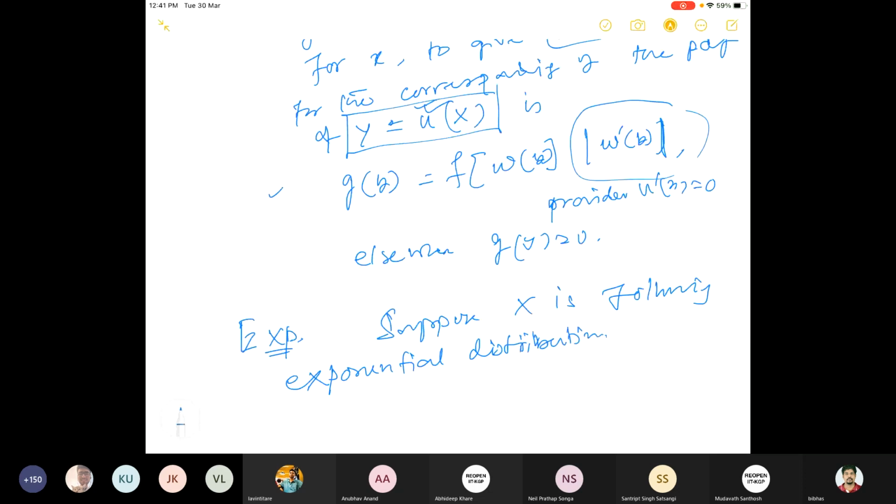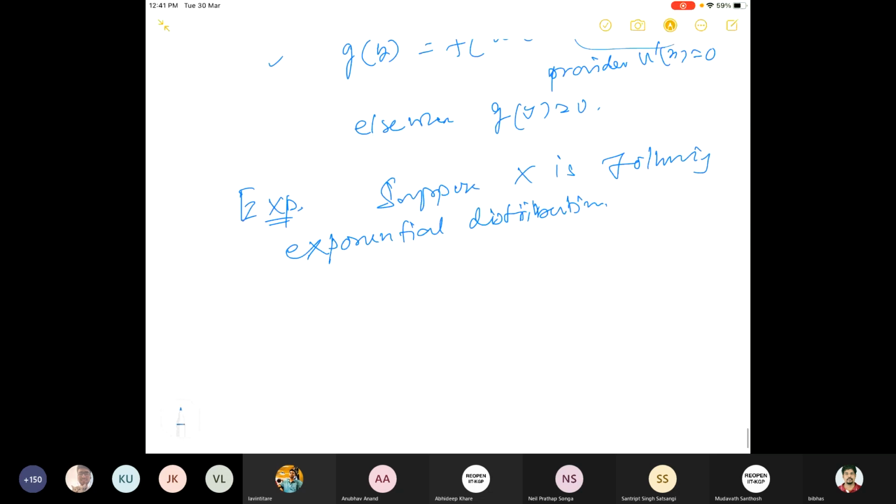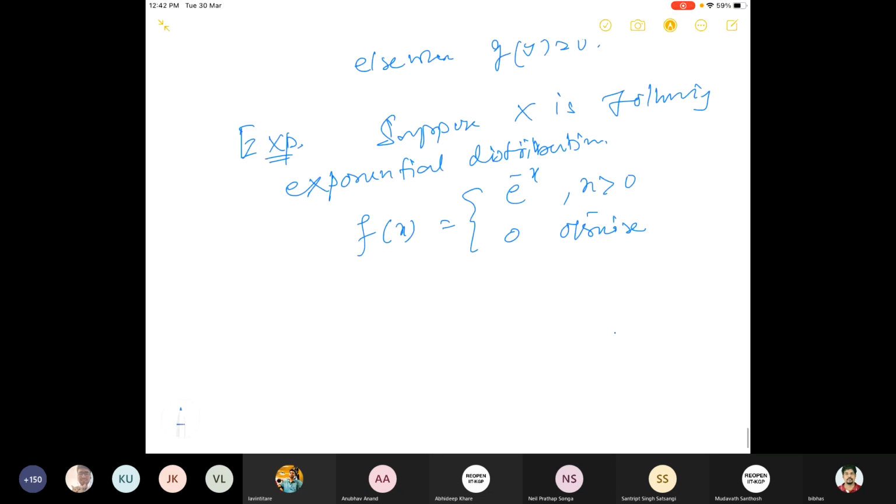So that means f_X(x) is, let's say, e to the power minus x when x is bigger than 0 and 0 otherwise. So this is the PDF of x which is given to us, and suppose the question is to find the PDF of a random variable y, which is the square root of x.